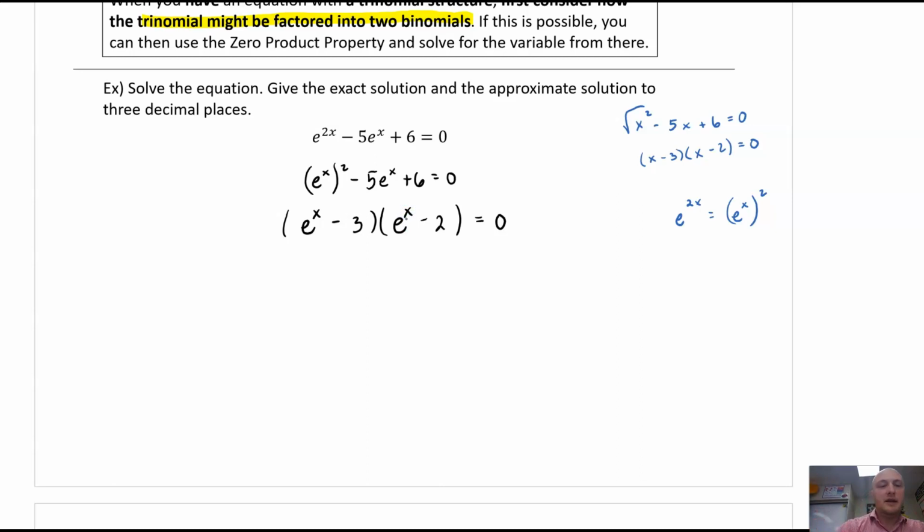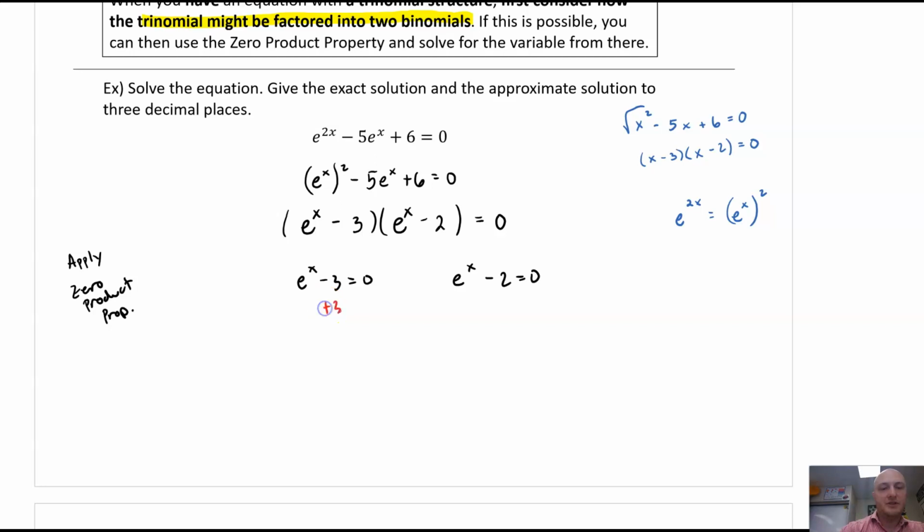Now I can go ahead and apply the zero product property, which just says if both of these factors are multiplying and equal to 0, then each of them can be 0. So e to the x minus 3 is equal to 0. E to the x minus 2 is equal to 0.